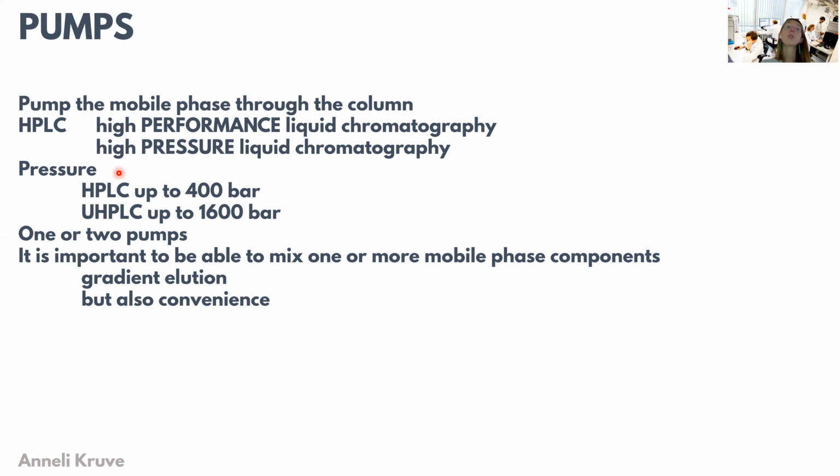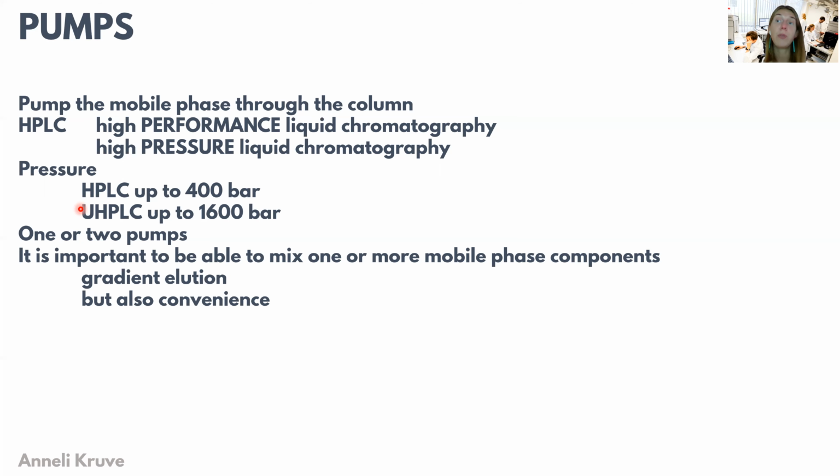And we can also have ultra high performance liquid chromatography, so UHPLC, which is now about 15 years old on the market, and it is performing even better in the sense that it is giving even higher resolution by just providing narrower peaks.